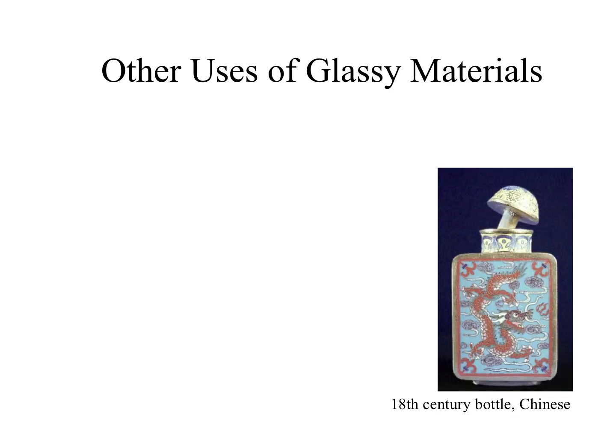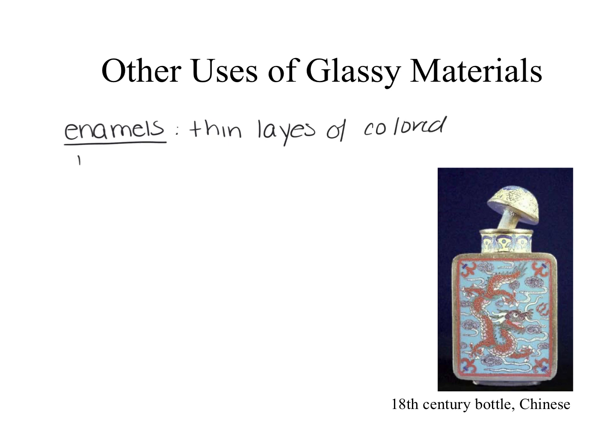Other uses of glassy materials. So there are two big uses of glassy materials that we're also going to talk about. One are enamels. Enamels are just thin layers of colored glass that are applied to the surface of the metals.